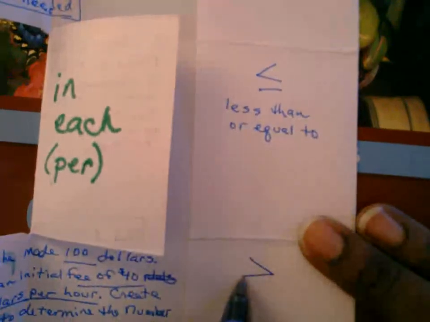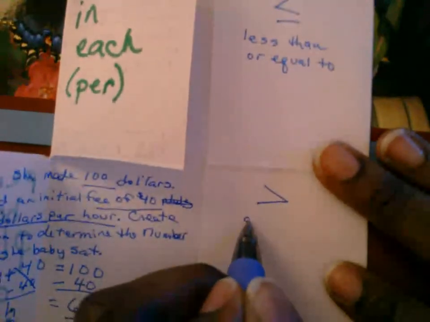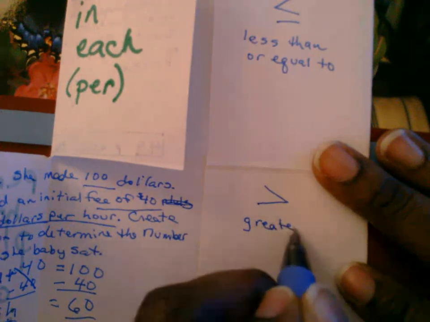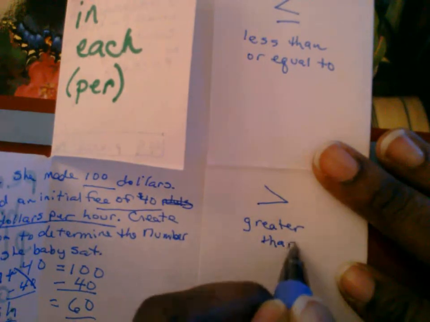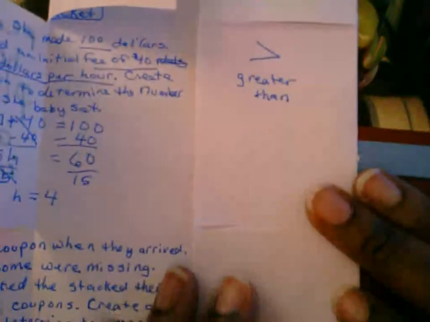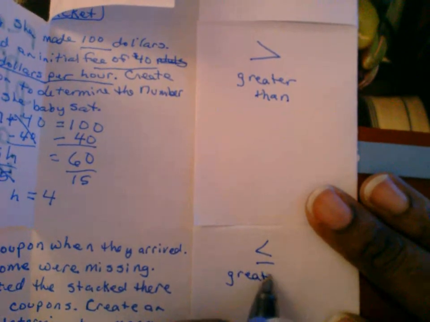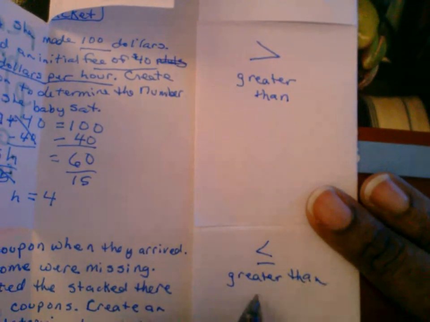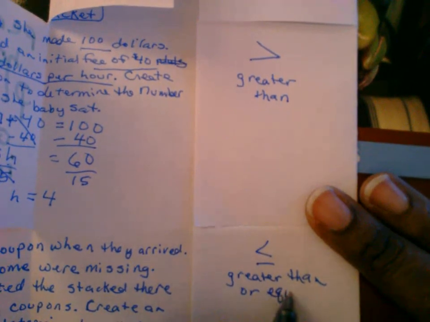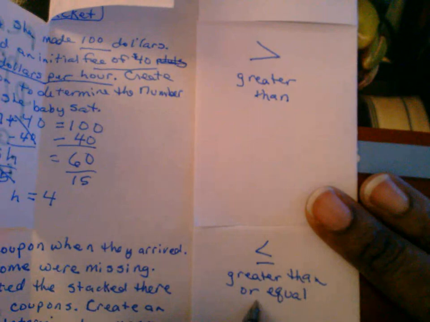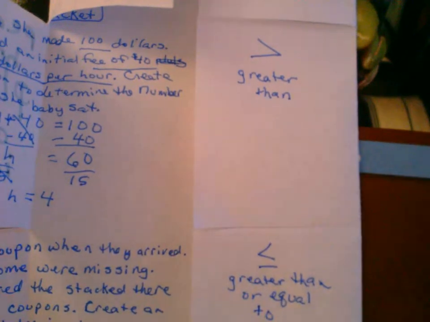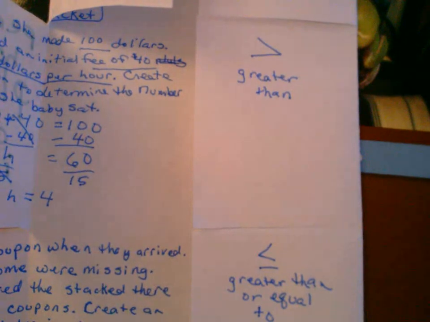The third one will be greater than. And then the last one will be greater than or equal to. Well, let me get my handy dandy whiteout and fix that sign, because it is supposed to be written the other way.